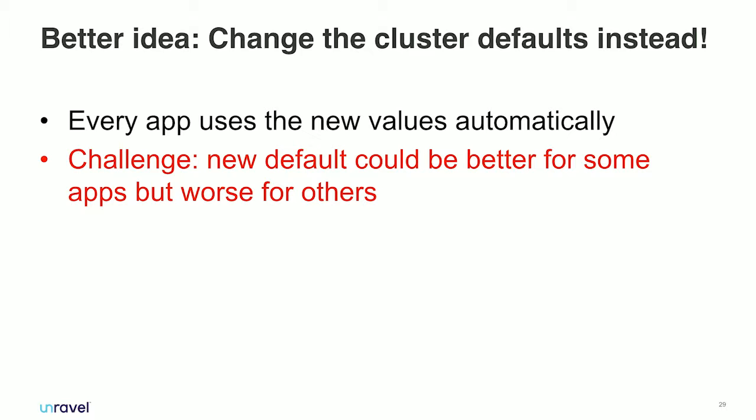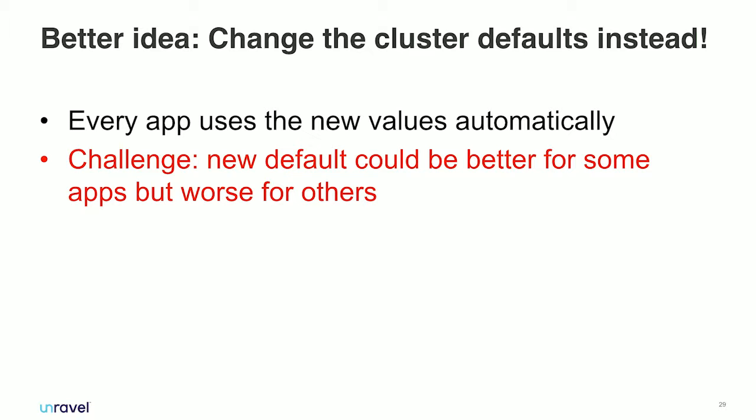But the challenge, of course, is how do you know the new default? And what do we mean by better? Because now that we're talking about the default, unless you override it, any app would use that configuration value. So while that default could be better for some apps, it might be worse for others. Take memory, for example. Some apps could have used less memory, and you try to change that, but then some other apps actually still require that much memory, such that your new configuration could lead to an app failure from out of memory.